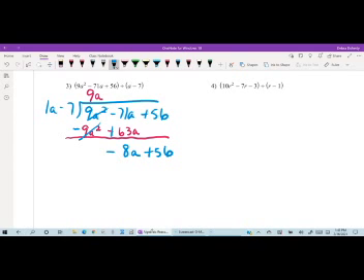Then we ask ourselves, what do we have to multiply 1a by to get a negative 8a? Well, we'll multiply by negative 8. We're going to distribute that negative 8 to those two terms, that 1a minus 7, and we get negative 8a plus 56. Change the signs. Those two add out, which gives us no remainder.